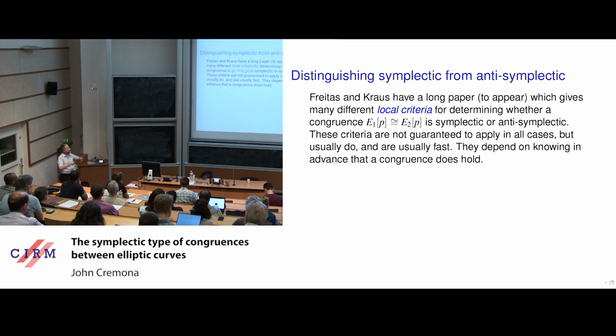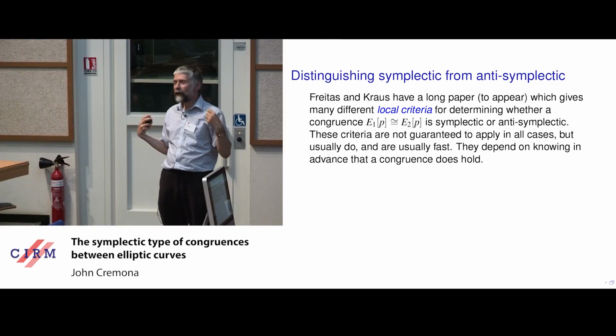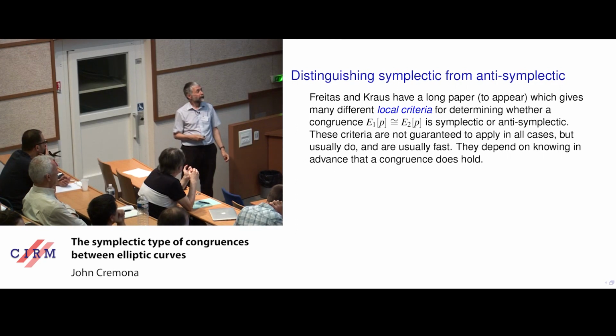And he came to me because he said, I'd like to know how good their tests are at actually distinguishing these congruences on an actual database of real curves, because they knew that the local criteria did not apply to every congruence. But we did actually come up with some examples of curves where none of their criteria work, although they actually work really well because they apply to all the congruences we found in the database. We had to go way beyond the database to find cases where their criteria don't work.